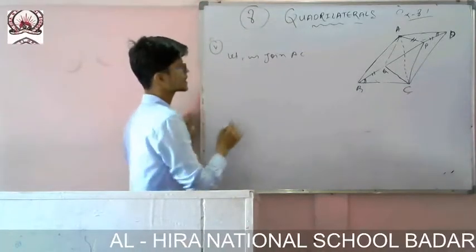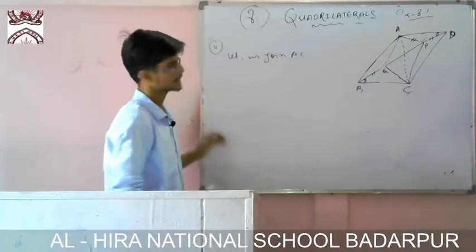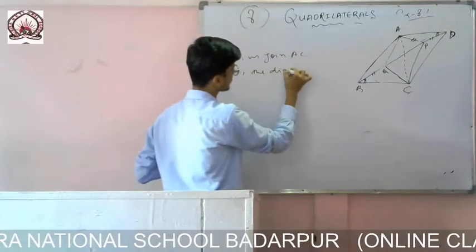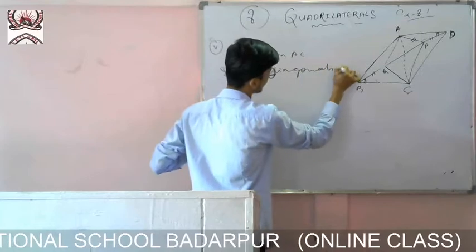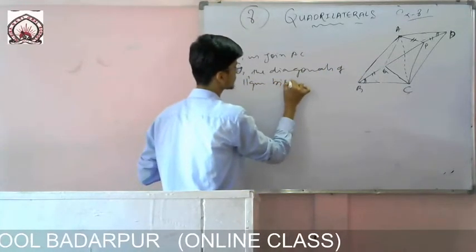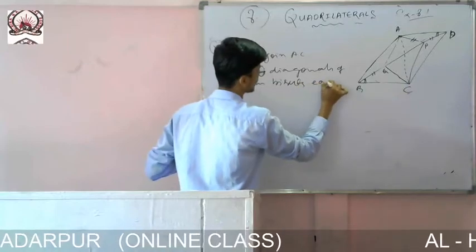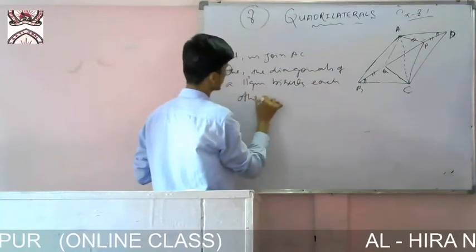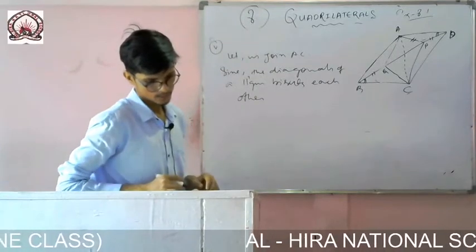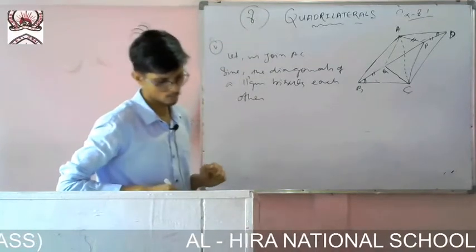Since the diagonals of a parallelogram bisect each other, I can write AO is equal to OC.